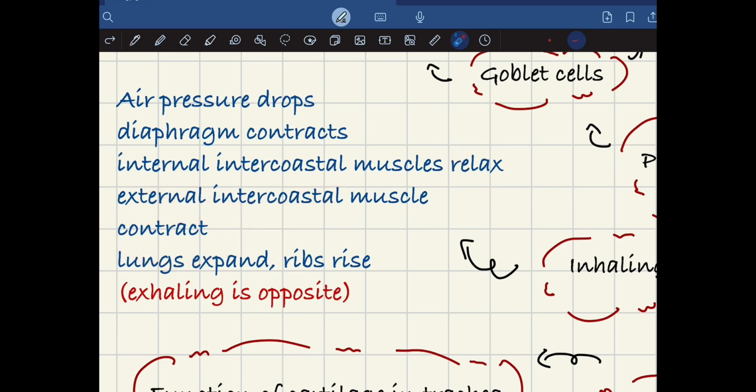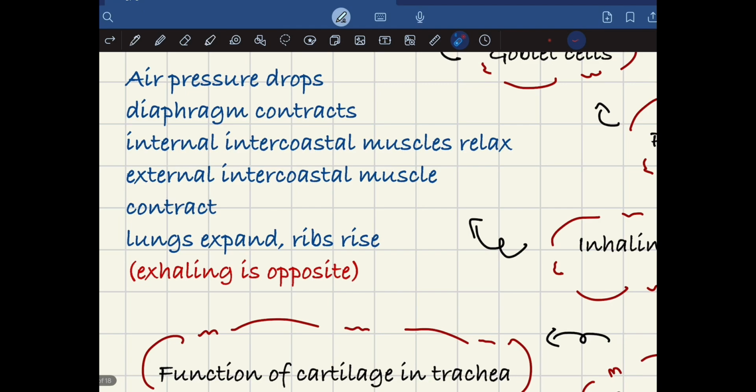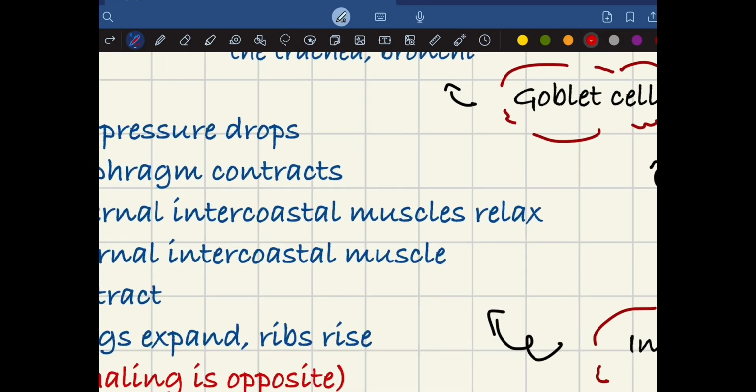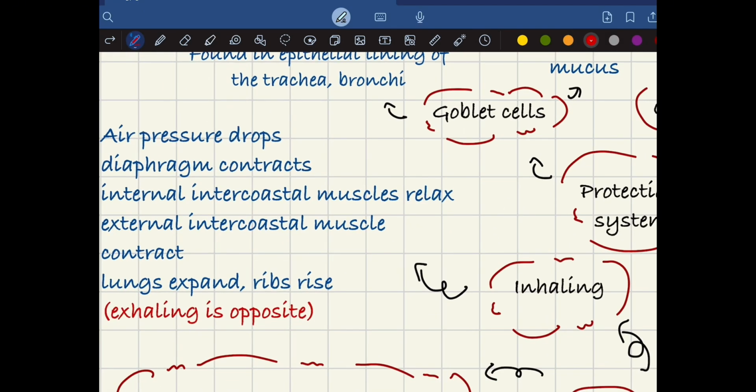So when you're exhaling, your internal intercostal muscles will contract, and your external intercostal muscles will do the exact opposite, which is relax. And then next we have lungs will expand and the ribs will rise. One more thing I would like to add is that your volume in the lungs will increase.